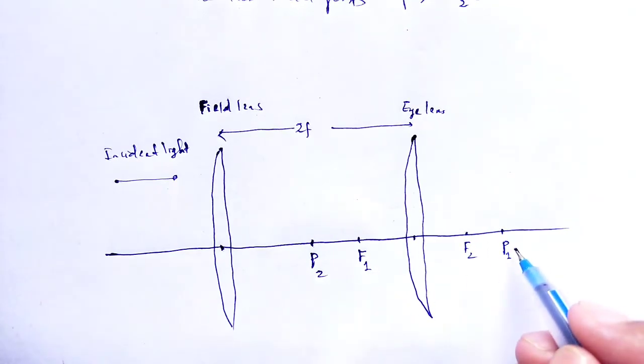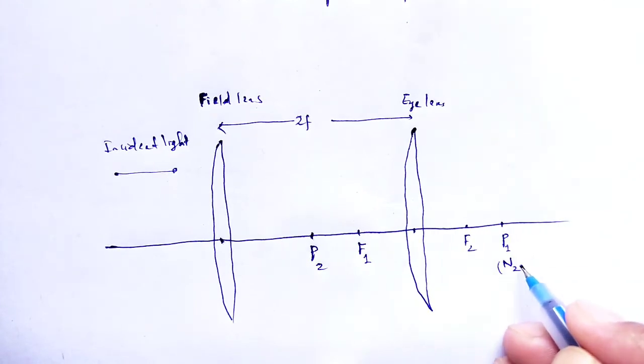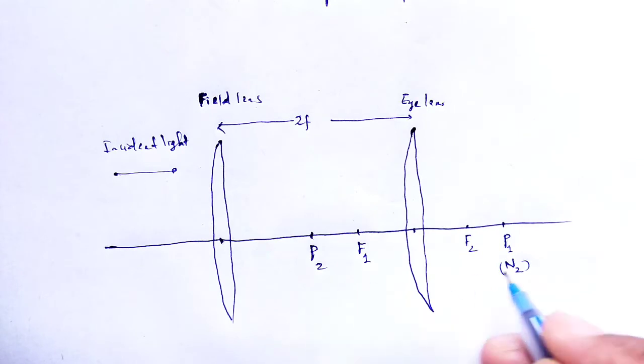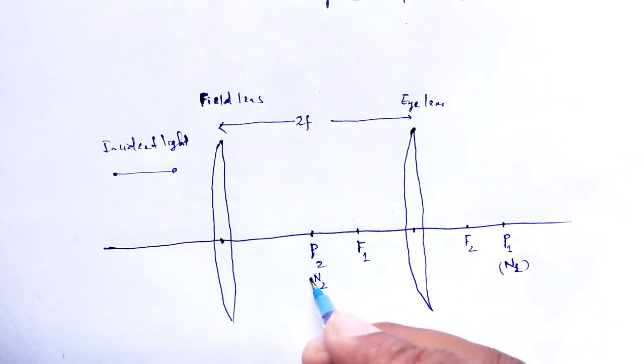And again the nodal points coincide with these, so P1 is the same as N1, P2 is the same as N2.